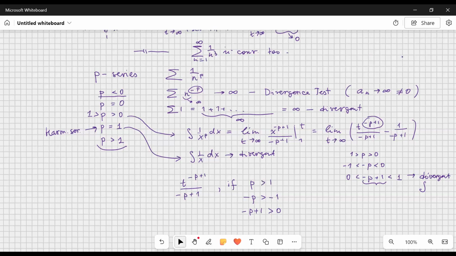It's supposed to be greater than 1. So you see that the power minus p plus 1 is less than 0, which means that t will sit in the denominator. When it goes to infinity, it's going to be divided by infinity. And this is going to give us a convergent integral.